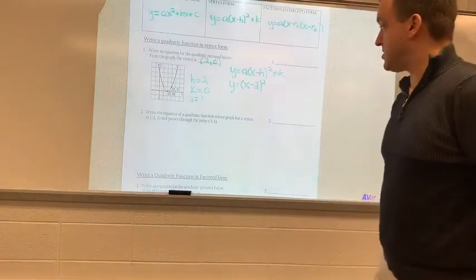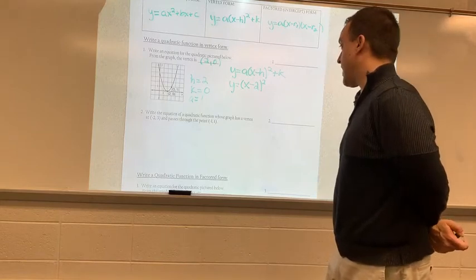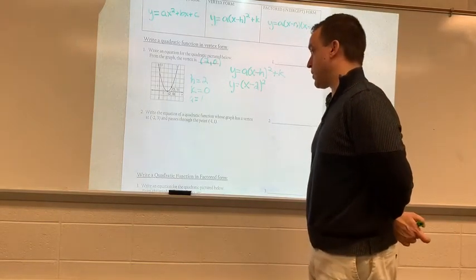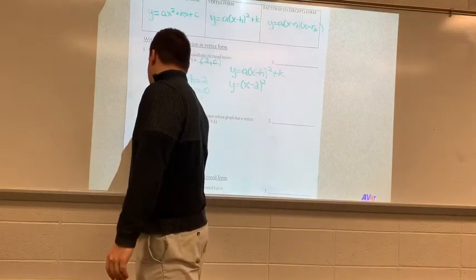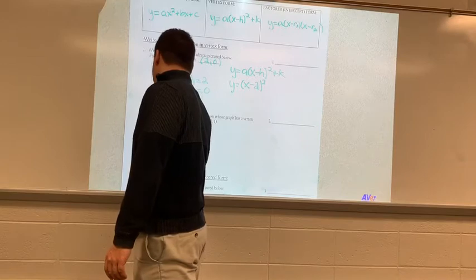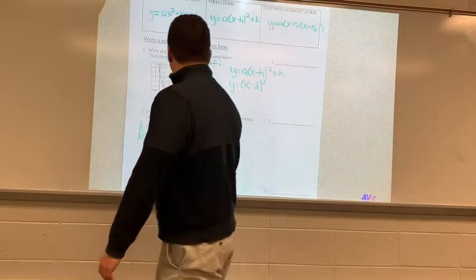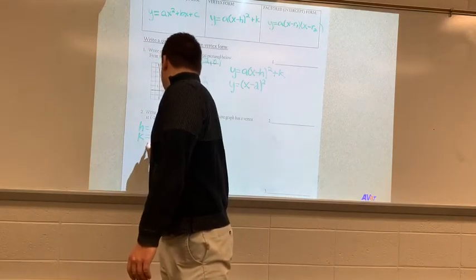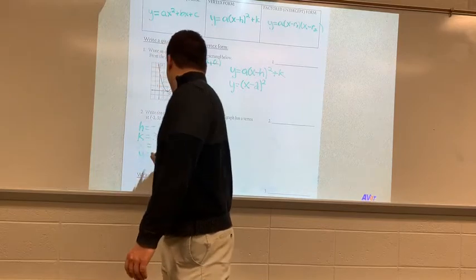In looking at number 2, we have the equation of a quadratic whose graph has a vertex at -2, 3. So I'm just going to write down, that tells me h equals -2, and that k is equal to 3. And then we have an xy point. So x equals -1 and y equals 1.